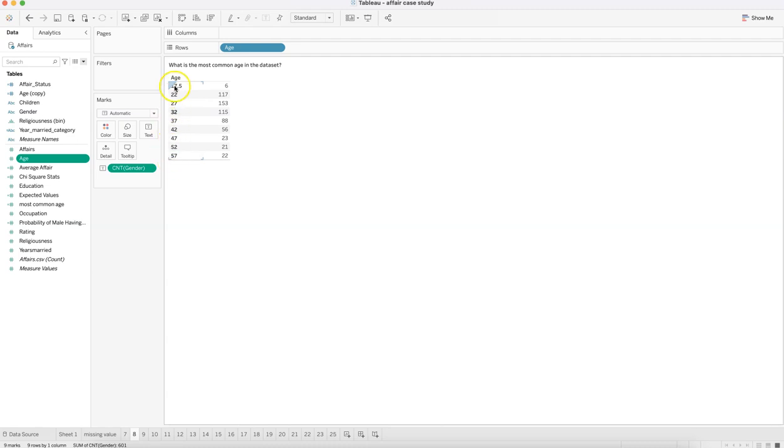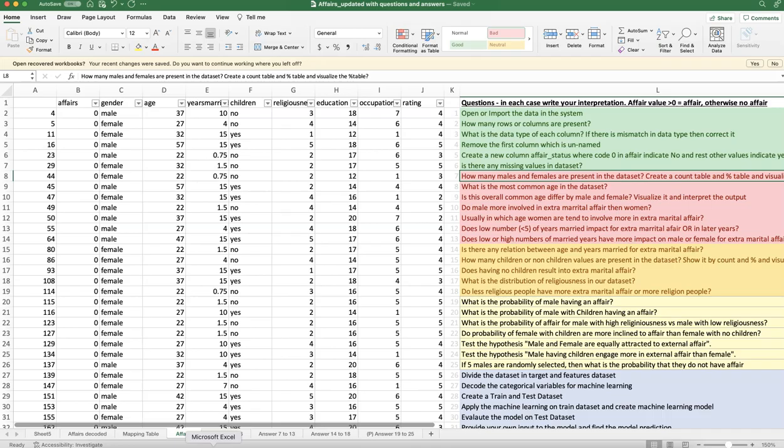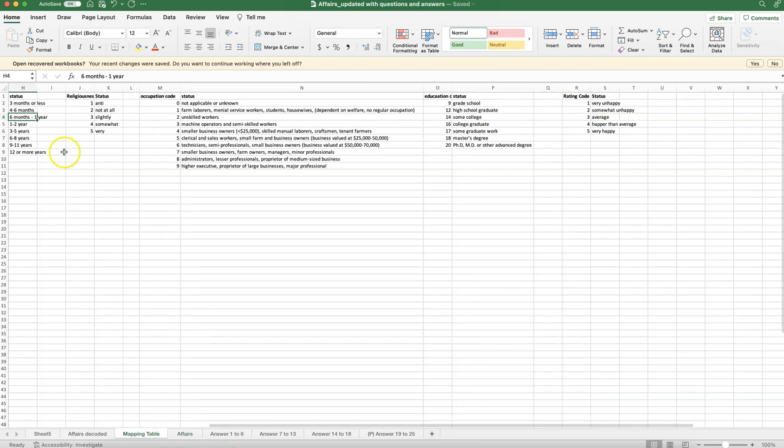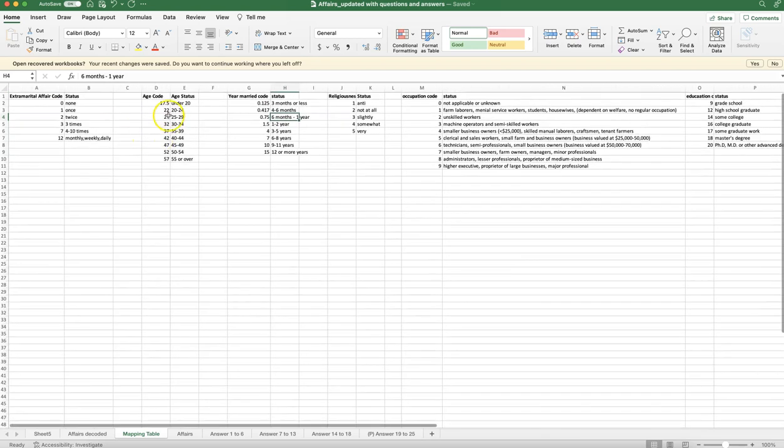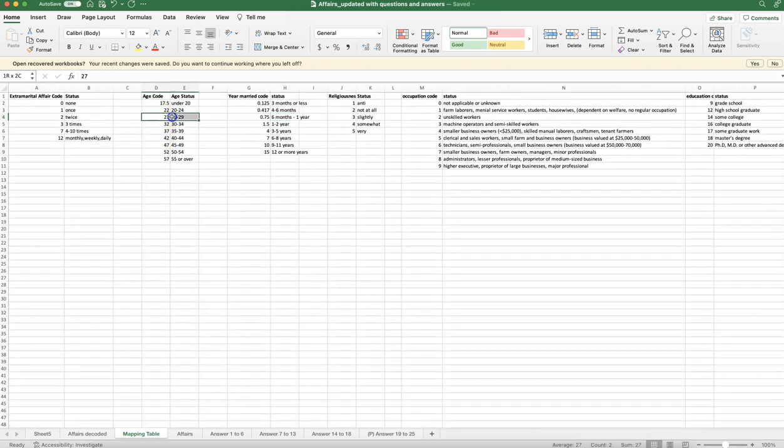Because I know this data set, and if I go over here, you will see that I have the mapping tables in this, and there will be a coded value for age, right? So 27 indicates the value between 25 to 29. Since 27 is between 25 to 29, 27 is taken.